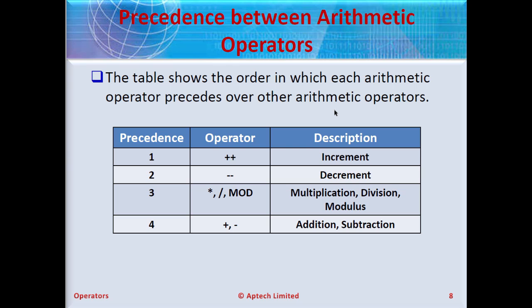It actually increments a value by 1. We have the minus minus, and this one decrements or reduces the value by 1. We have the multiplicative. The multiplicative include the times, the division, and the modulus. And lastly, we have the additive. Additive has the plus and the minus.